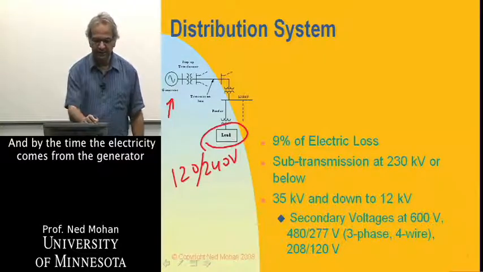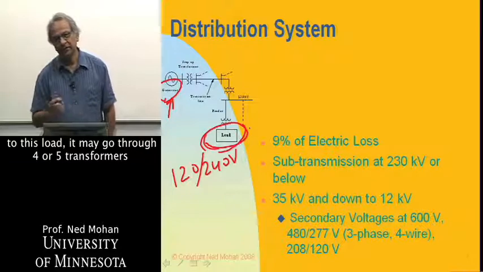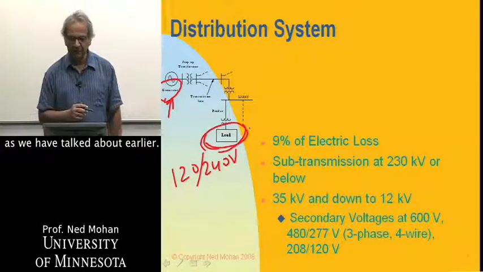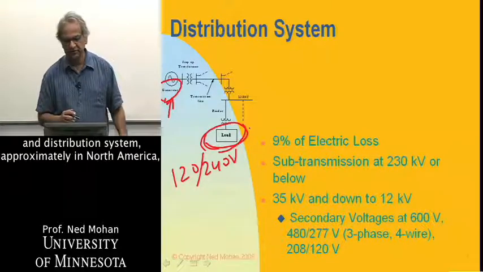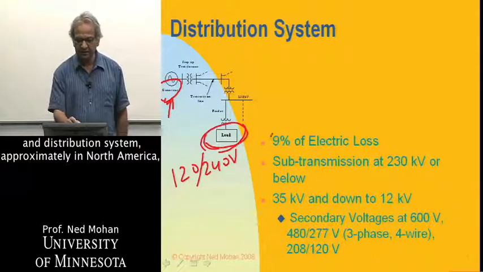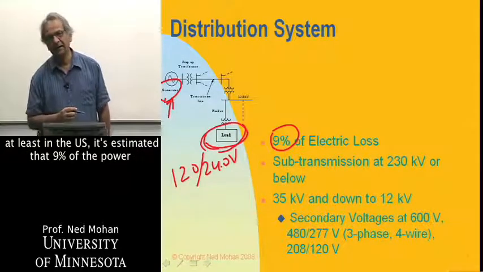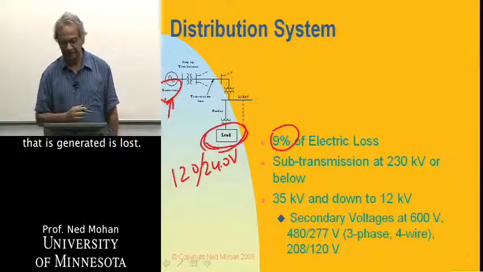And by the time the electricity comes from the generator to this load, it may go through 4 or 5 transformers as we had talked about earlier. And in going through this transmission and distribution systems, approximately in North America, at least in the US, it's estimated that 9% of the power that is generated is lost.